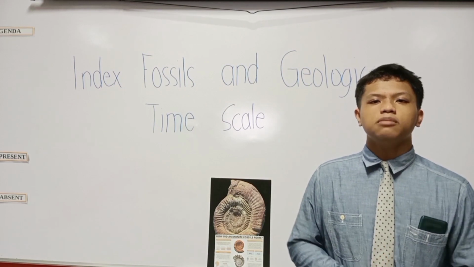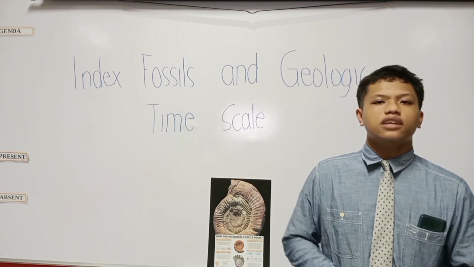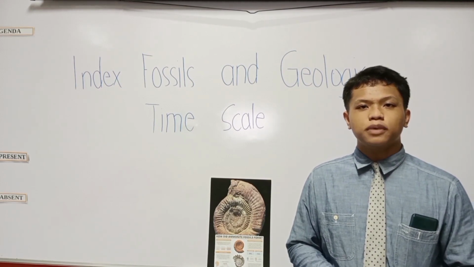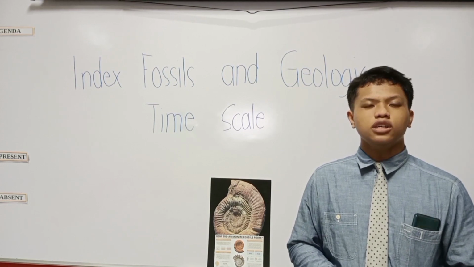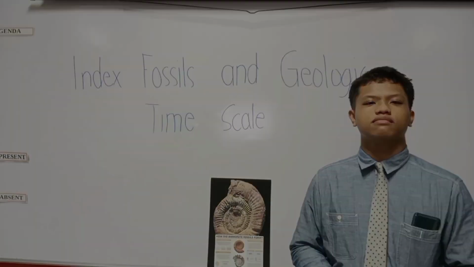If I remember correctly, are index fossils those materials from animals or plants from thousands or millions of years ago? Correct. Index fossils are animals or plants preserved in the rock record of the earth that span a particular geologic time or environment. So basically, index fossils are just like that, preserved in a rock. Precisely. So why is the geologic timescale connected to the index fossils?